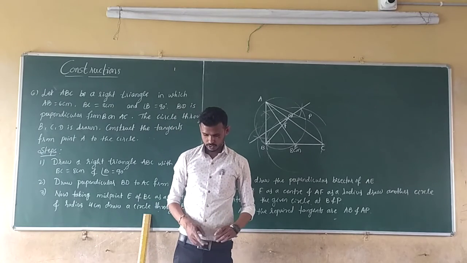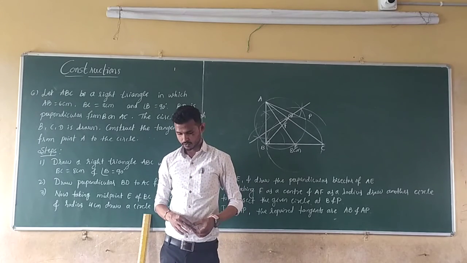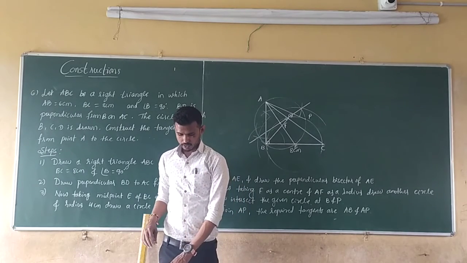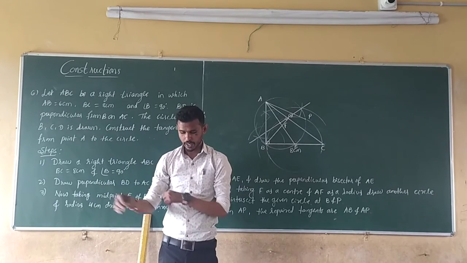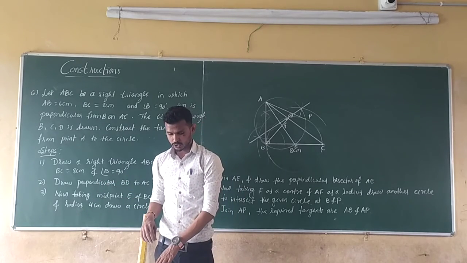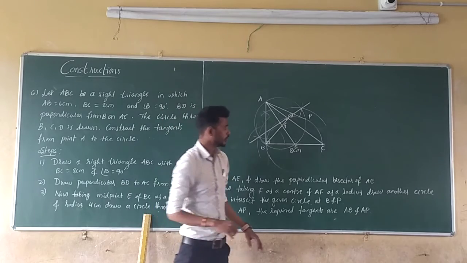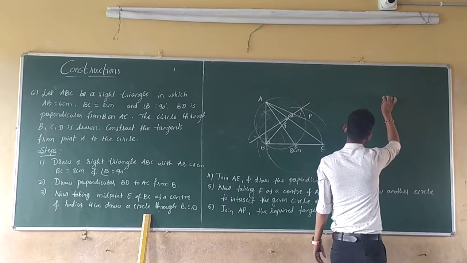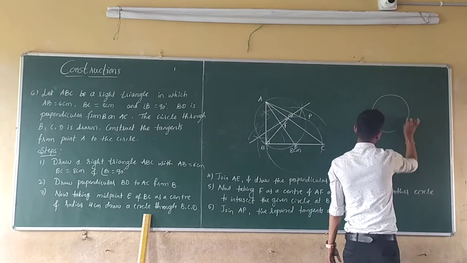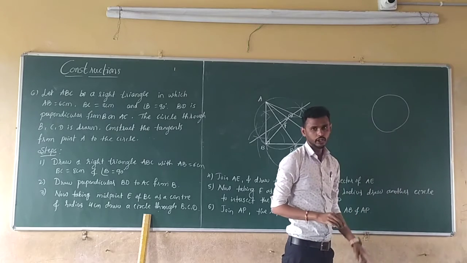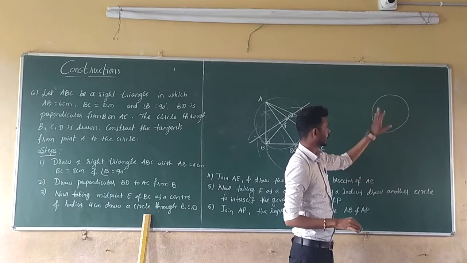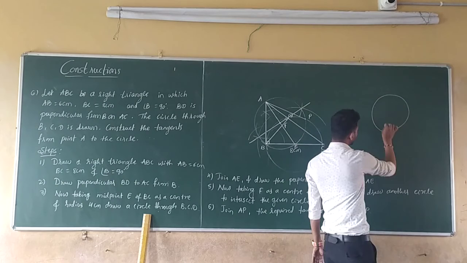Now take the seventh question as your homework. So what is that? Draw a circle with the help of a bangle. Take a point outside the circle. You need to find the center of this circle first. How will you find it?